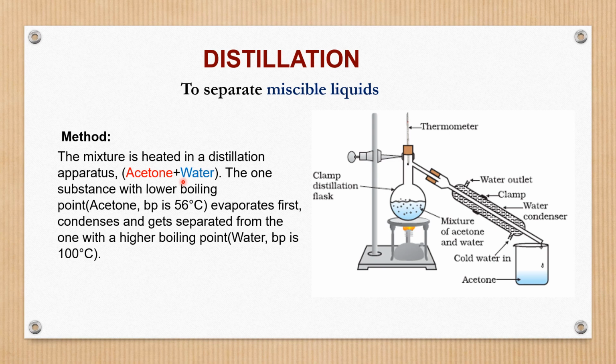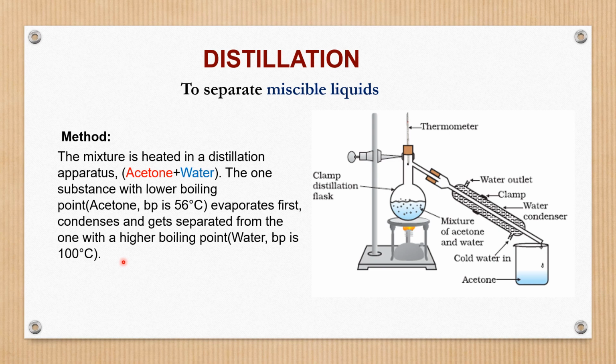So for our mixture, acetone's boiling point is 56 degrees Celsius and water's is 100 degrees Celsius. So the boiling points have a big difference: acetone only 56 degrees Celsius but water 100 degrees Celsius.